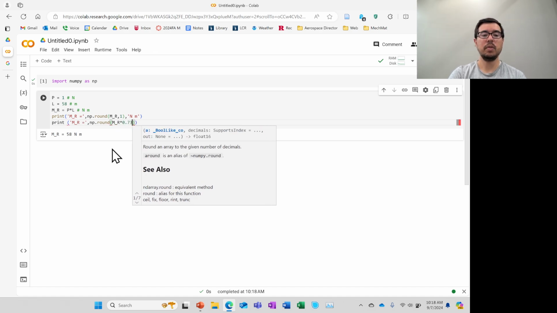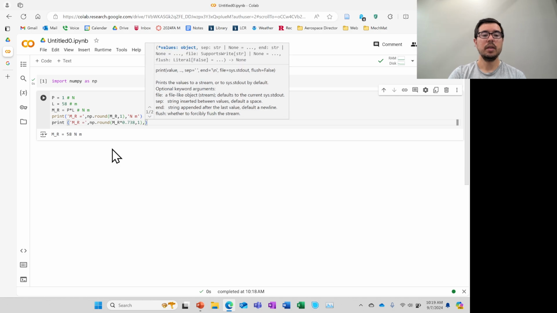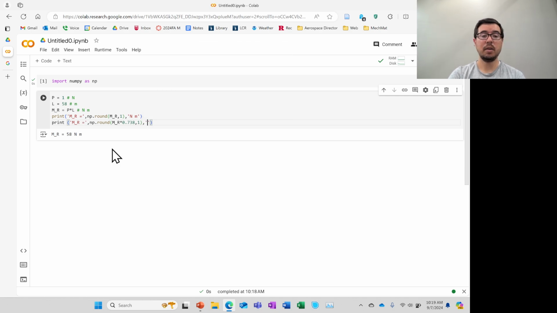So it's 0.738 foot-pounds in a newton meter. And so I've multiplied by 0.738 there, and then I'll just put foot-pounds here like that. So in this case, now you can see a result that has given us the Mr in newton meters and also in foot-pounds. All right, thank you for your time.